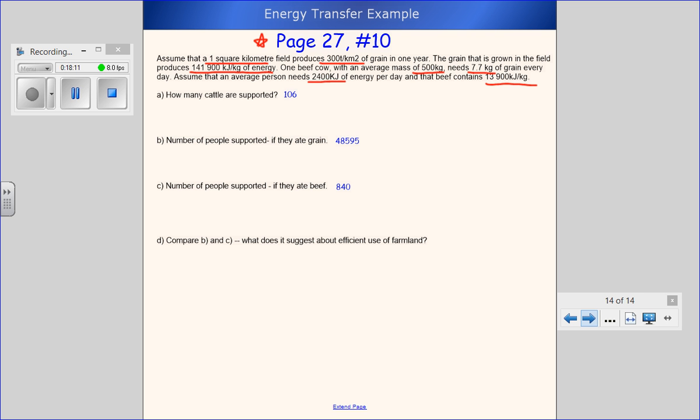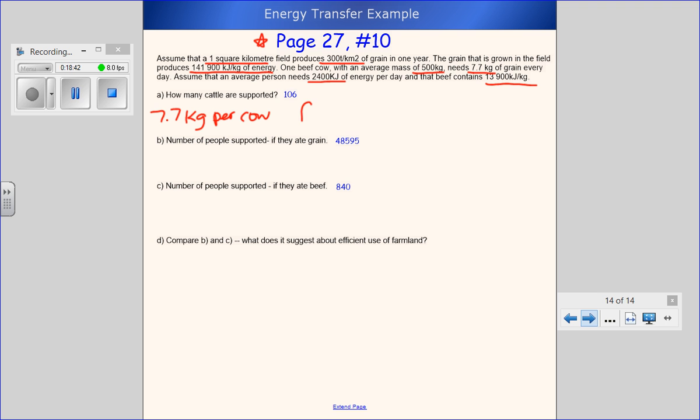Now, if I were to answer part A, how many cattle are supported? The number of cattle that are supported would be calculated by figuring out how much grain a cow needs each day, and then how much grain the field is producing. So we know we have this much per cow.